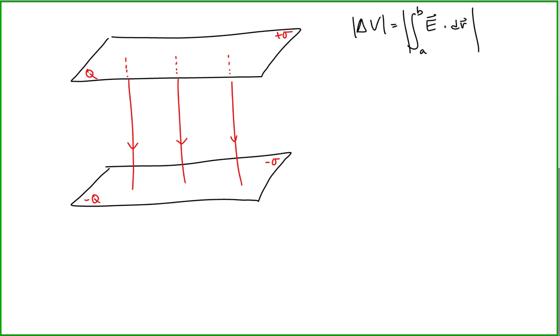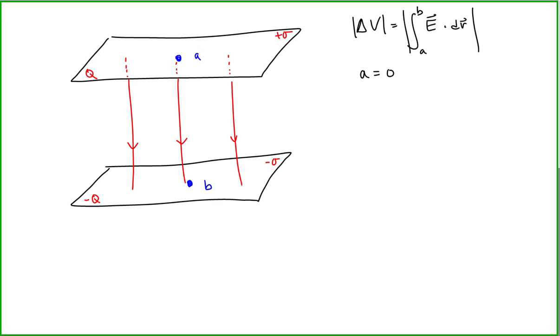Well, let's define point A to be a point on the positive plate. So we'll take a point A to be maybe this point right here. That's point A. And point B, we're going to take it to be a point opposite that point A on the bottom plate.